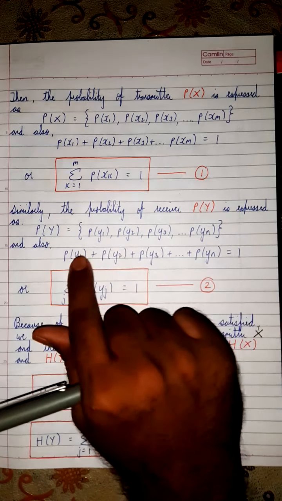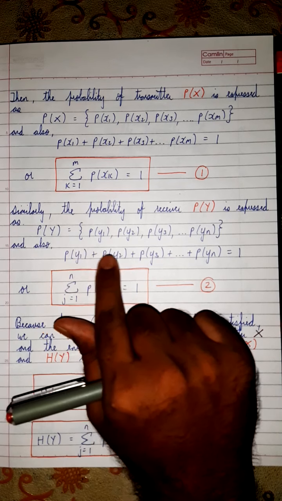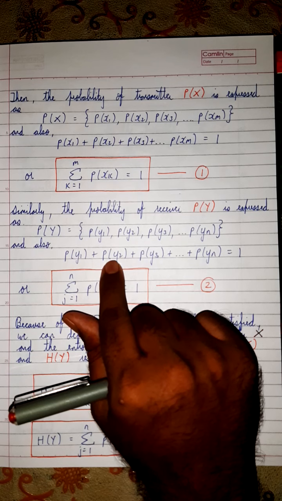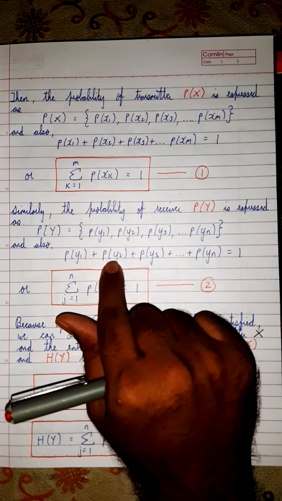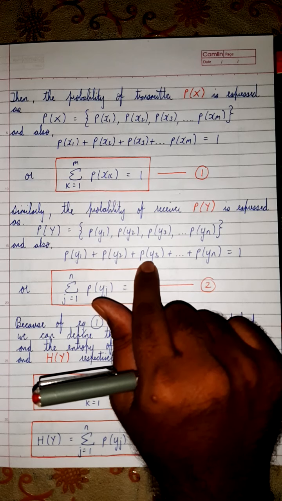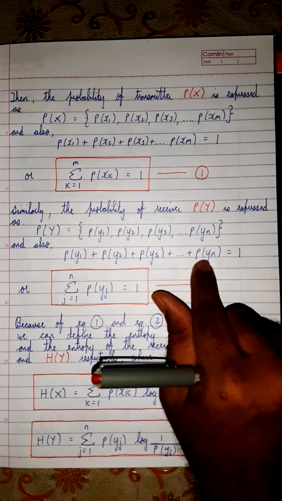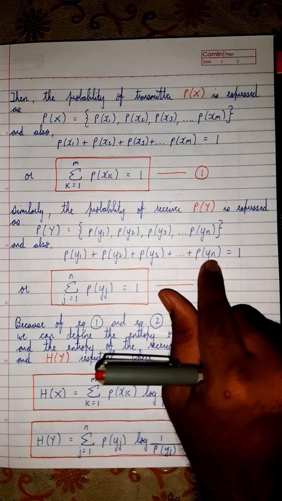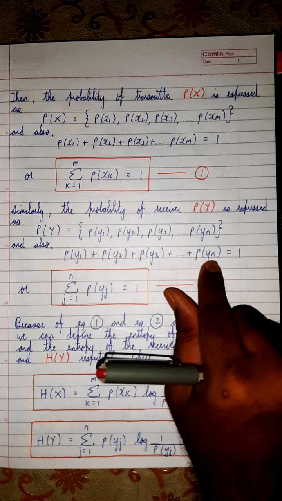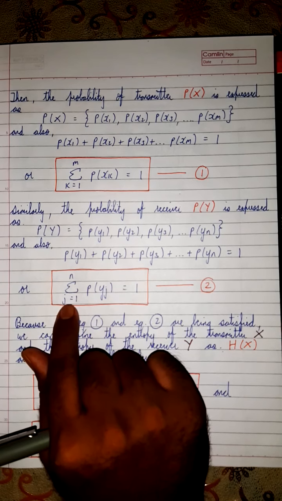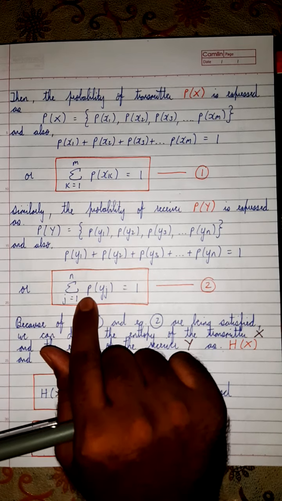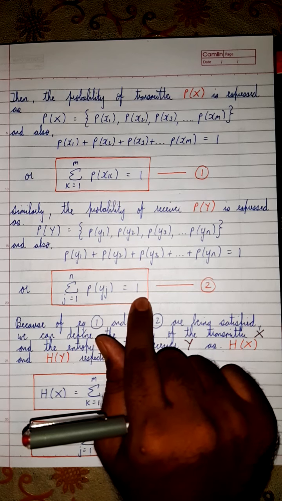Because P of y1 is the probability of receiving y1, P of y2 is the probability of receiving y2, and so on up to the probability of receiving yn. We are sure that at least one of the symbols will be received. It's a sure event, so it is equal to 1. Or in other words, sigma j equal to 1 to n, P of yj is equal to 1.